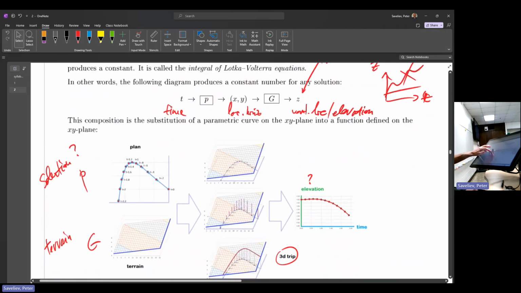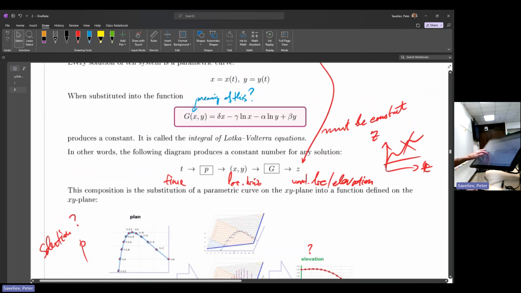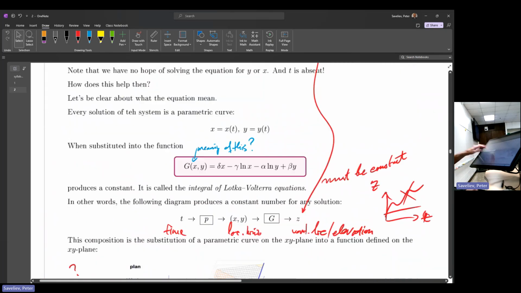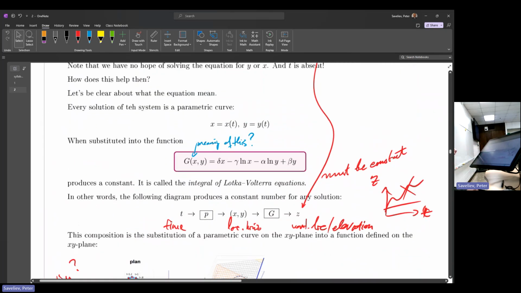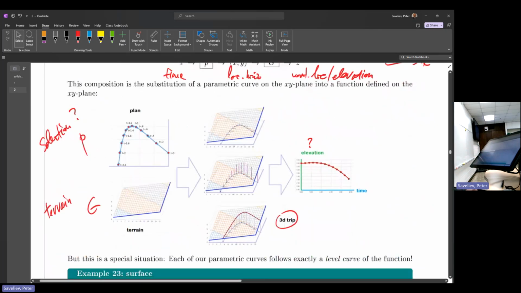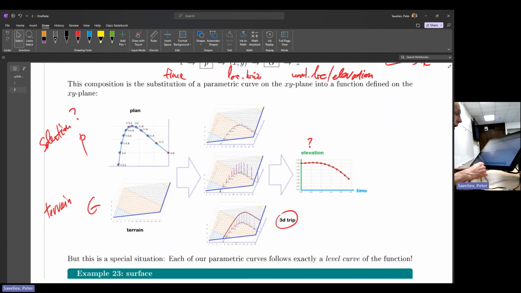Anyway, the point is really not that the composition is so interesting. It is the fact that it is a solution, which means that when we plug it into my function, I end up with a constant function, meaning constant elevation. So if the picture does not reflect that, because this is an entirely different story, but if it did, then our trip would be on a constant elevation.